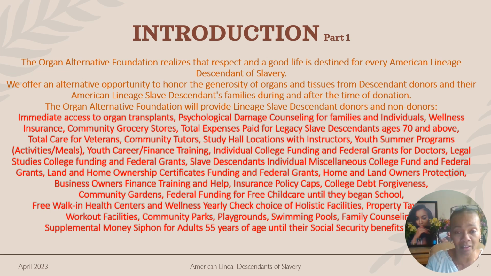Now, if you're somebody that won't ever get Social Security benefits and you are a slave descendant, then you'll just get that supplemental siphon. So you will be able to eat for the month. And so you will be able to find a room for the month, somewhere to stay. Age is 55. I think that's good. Might push it back to 50 because there's a lot of people out here suffering right now that are slave descendants.